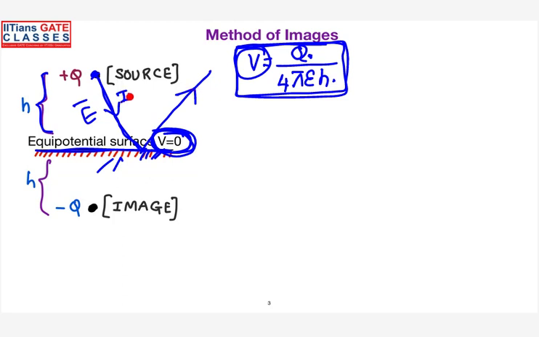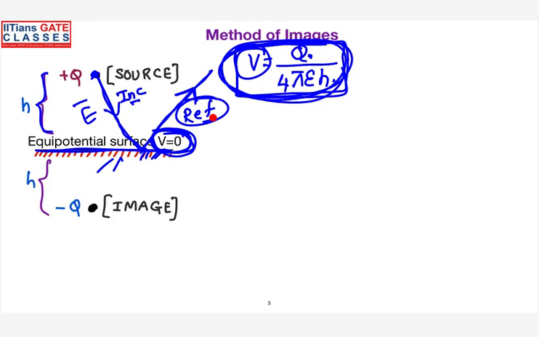So in addition to the incident wave, you will have a reflected wave as well. Till now, what you have considered is only due to the incident wave. Since this is a conductor, it will additionally create another electric field component, that is the reflected component. The magnitude of incident and reflected will be the same.